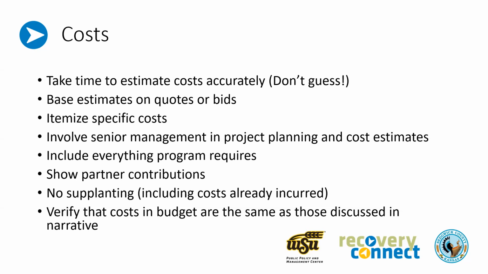Like I mentioned before, if your grant is not awarded until December of 2022, you can't count any money that you spent in September or October or November. You have to wait till December 1st to charge the grant. So only those costs that happen after the grant has been officially started.